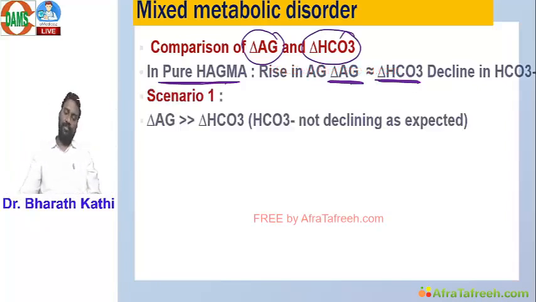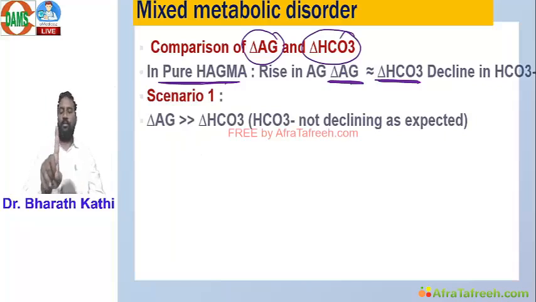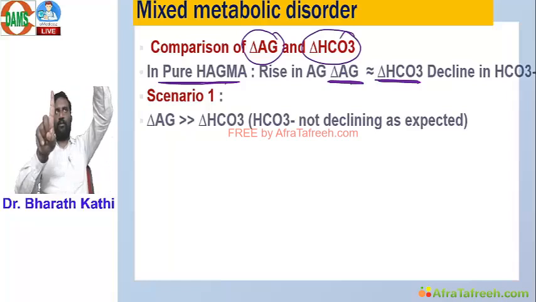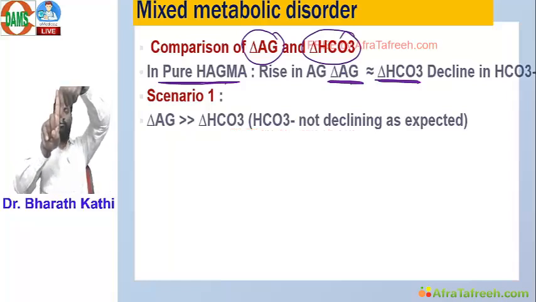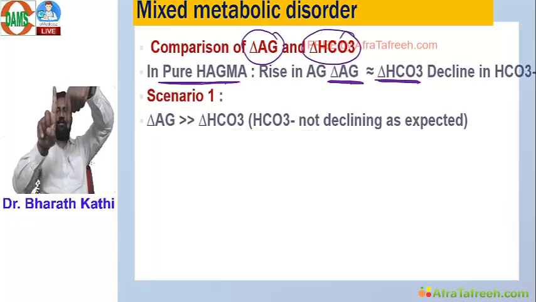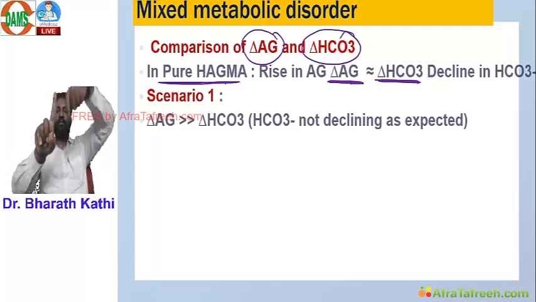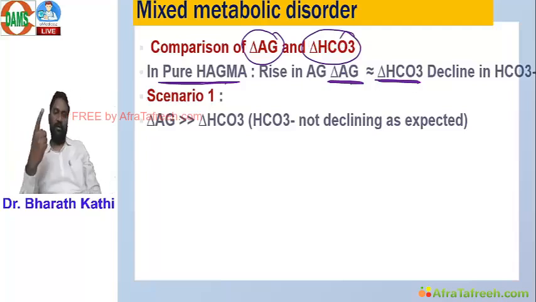Scenario 1: delta anion gap more than delta bicarbonate. So the anion gap has increased this much. Bicarbonate also should decrease by this much. But here delta anion gap is more than delta bicarbonate. So bicarbonate, instead of decreasing this much, has only decreased some. So it means bicarbonate is not declining as expected.